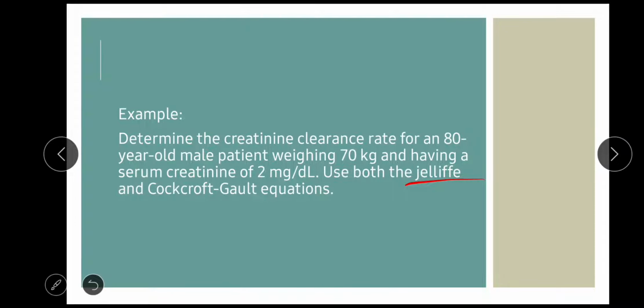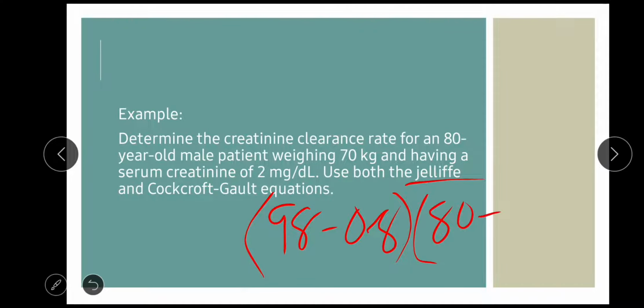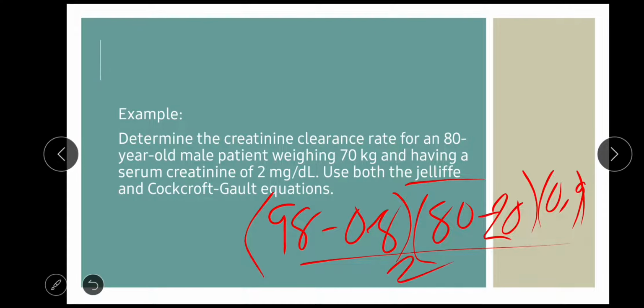Yung formula natin, 98 minus 0.8 times yung age natin ng patient ay 80 minus 20 times 0.9 over yung serum creatinine natin na 2. The answer would be 22.5.